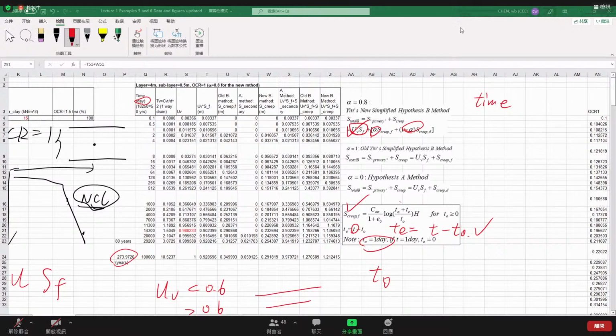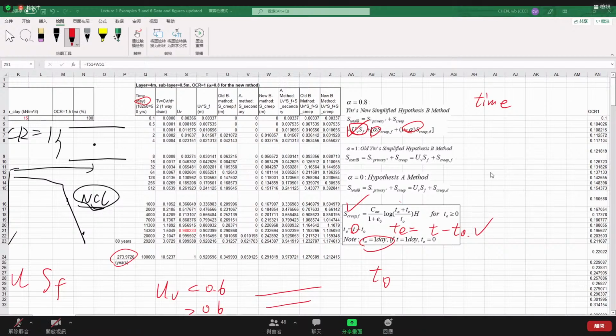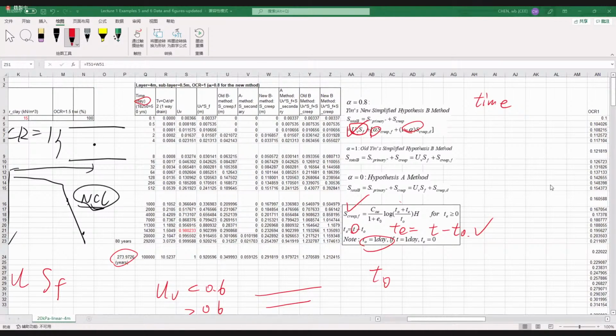So you can see this is the result for the OCR equal to 1 case. And for the OCR equal to 1.5 case, again, this one underestimates, this one overestimates. Then the purple one gives you the most accurate prediction here, right? That's why we always say the new one is a better one, okay?